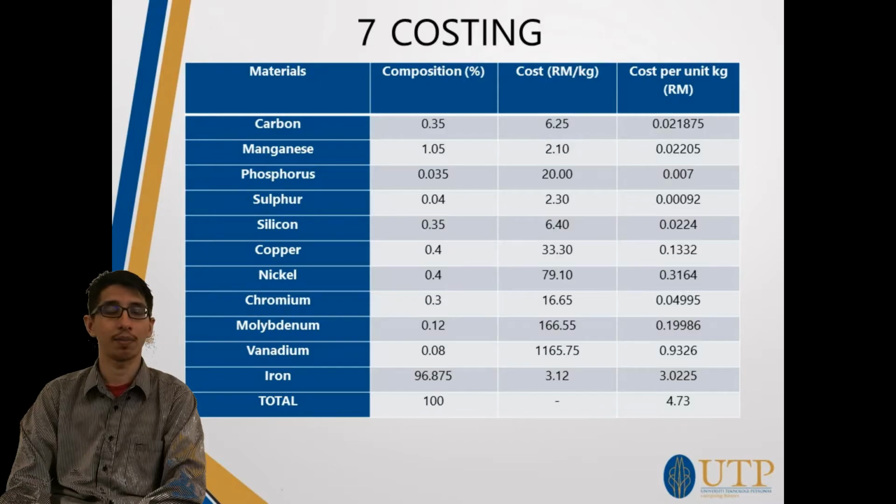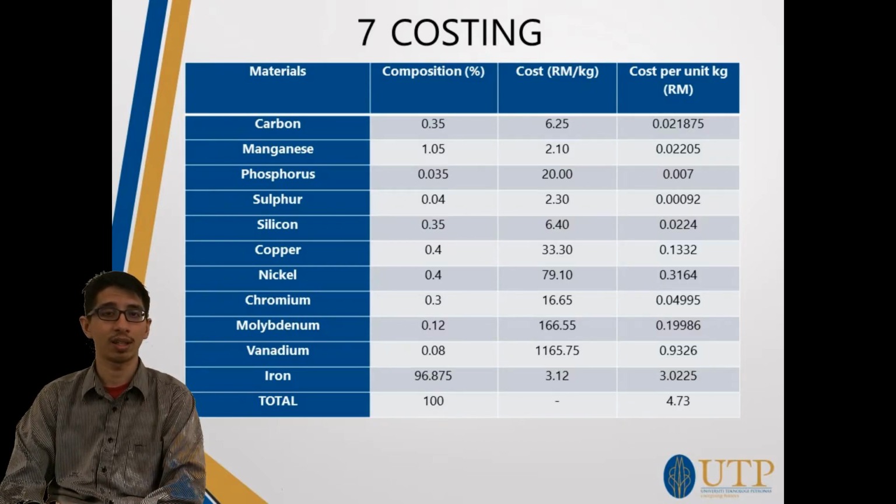Once again, to recap, this roughly translates to 487,537 ringgit for 55,000 flanges. This is only the price for the materials.